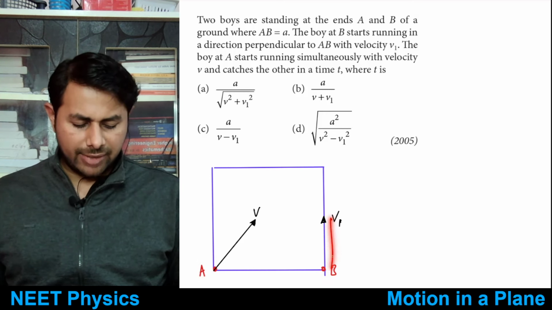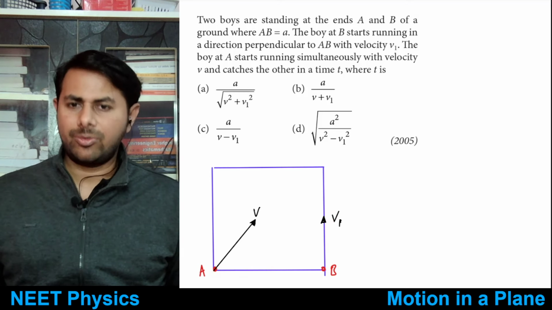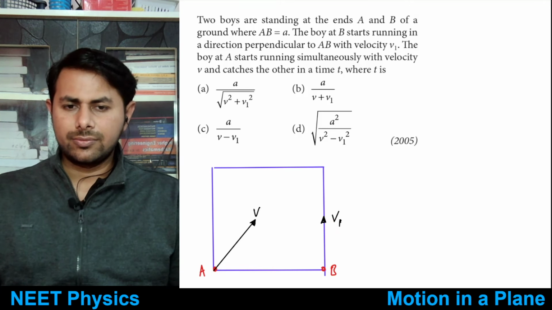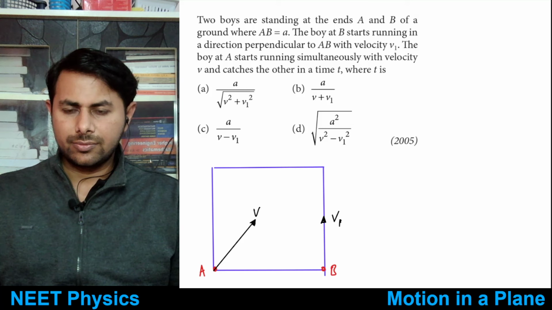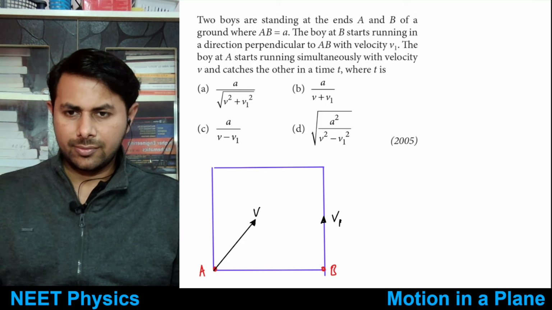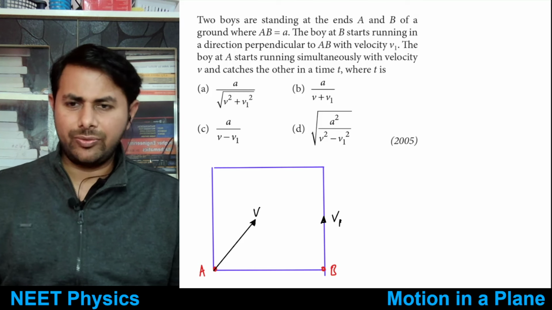So let's say this is the y direction, and this one is the x direction. How much should be the y component of his velocity? Tell me. v1, exactly, that should be equal to v1.